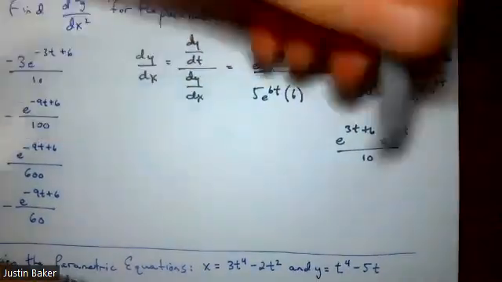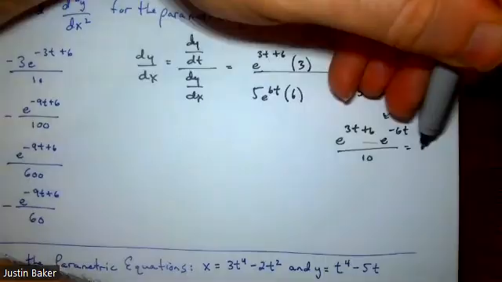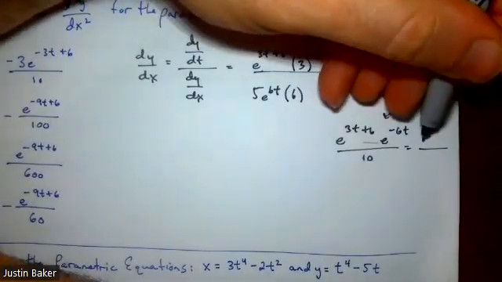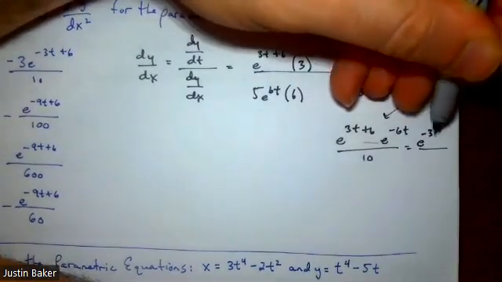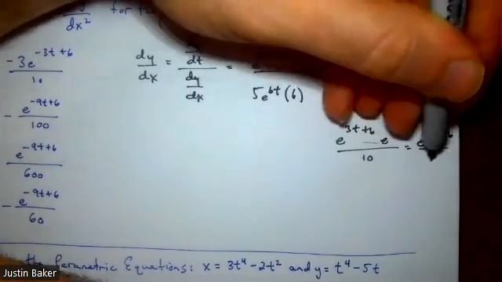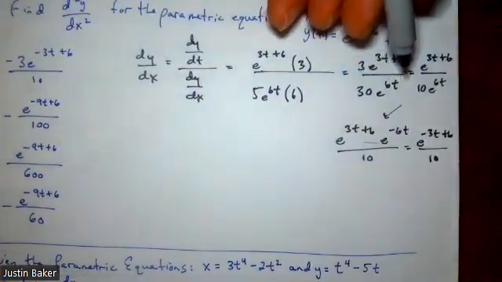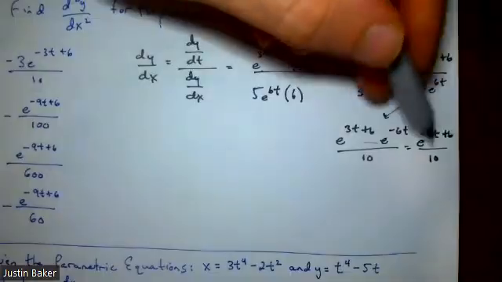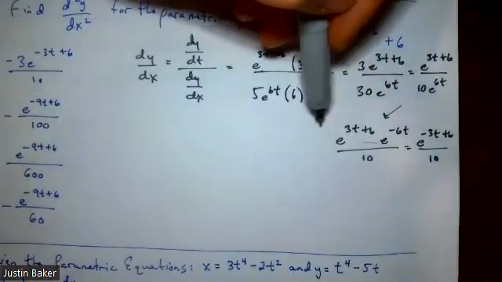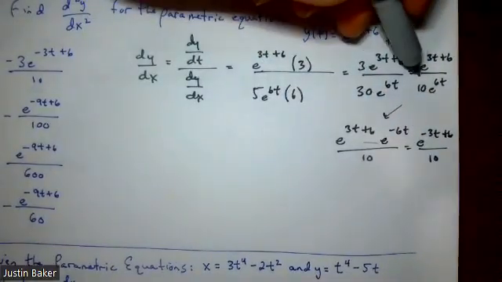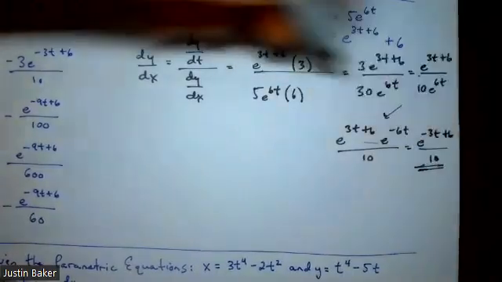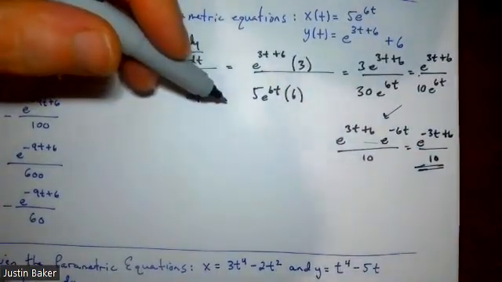And then what do you do when you have these side by side? You add them up. So that would really be e to the negative 3t plus 6 over 10. I think that's a cleaner version. You should still get the same answer if you did it this way. So I'm going to go ahead and call that my first derivative.